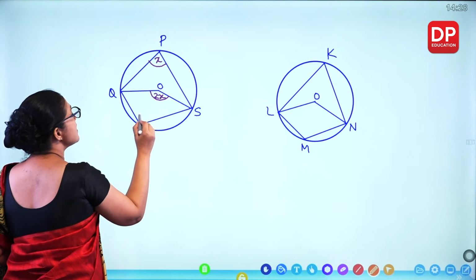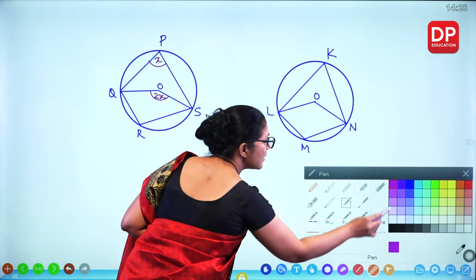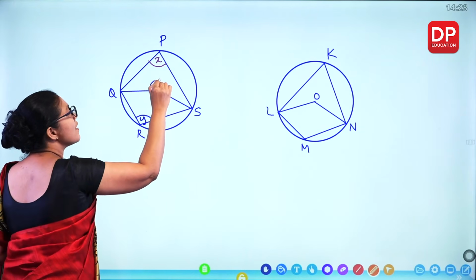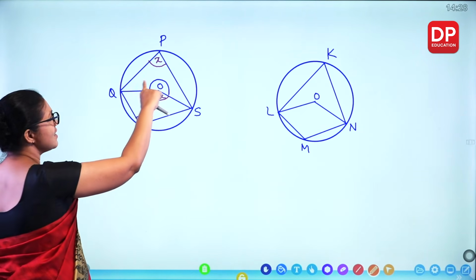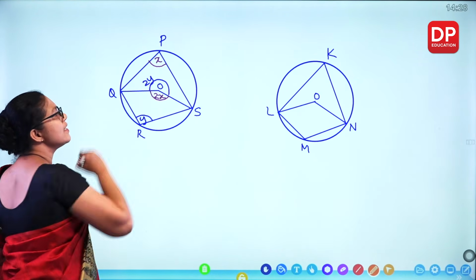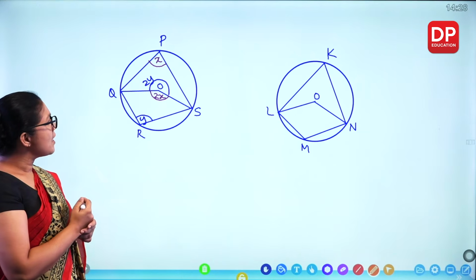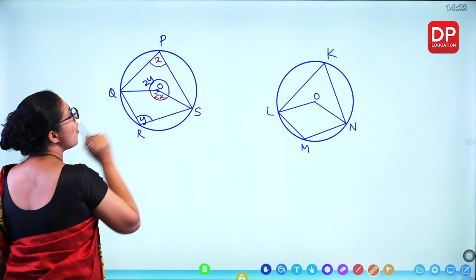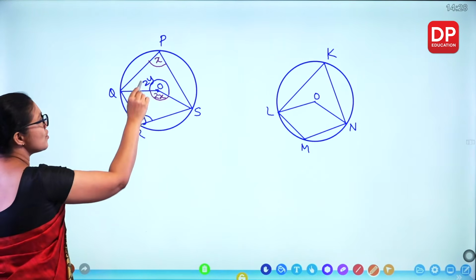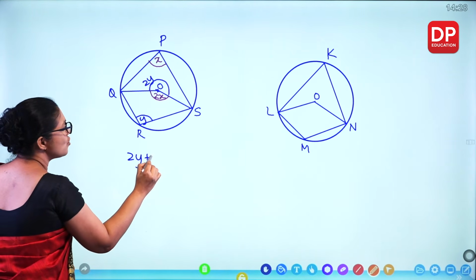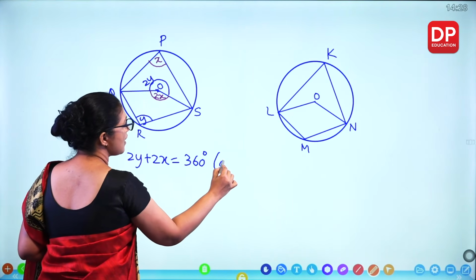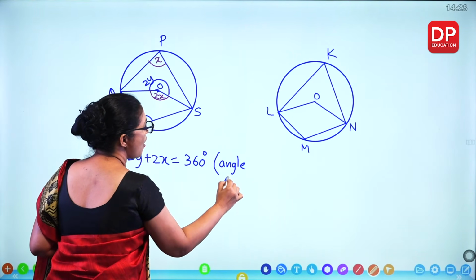What if this is y? What is this one? That's the angle subtended at the center. If this is y, this becomes 2y. But we know when you take the point O, the angle around the point is 360. So 2y plus 2x is equal to 360, angle around a point.